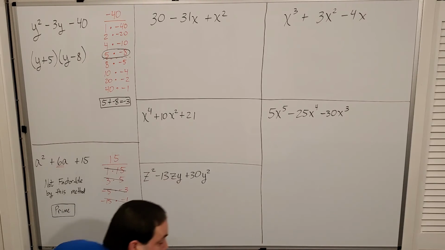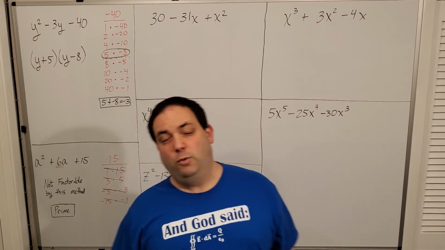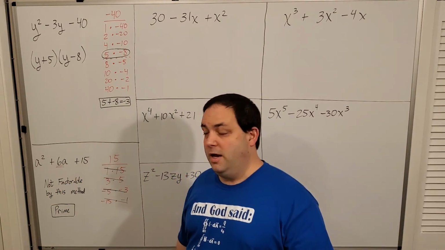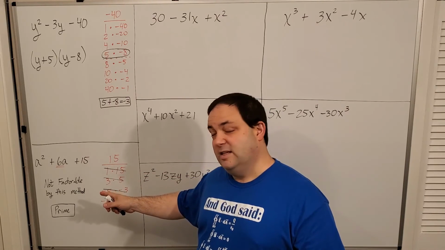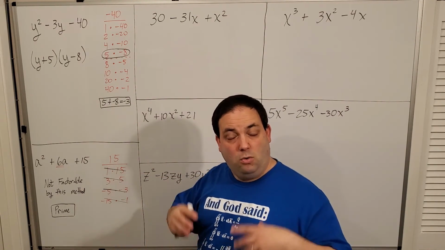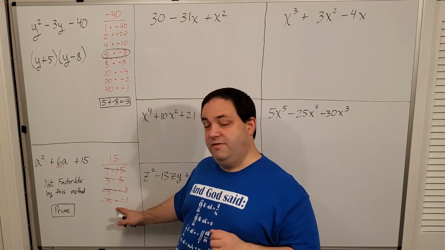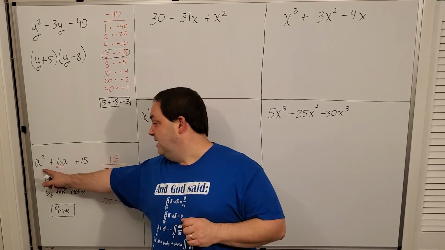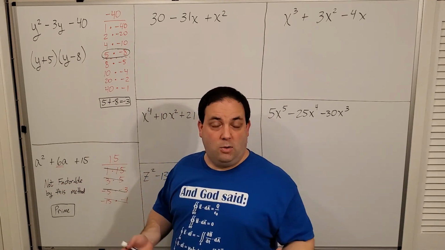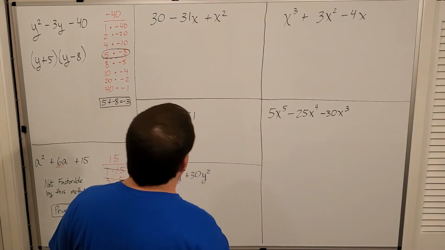Be careful with that word prime, and I've said this in another video before, let me say it again. Be careful with that word prime, okay? Just because it's not factorable by this method doesn't mean you haven't already broken something off in a previous method or something like that, okay? When you hit a brick wall of these, it just means that this trinomial cannot be broken down anymore, right? Okay.